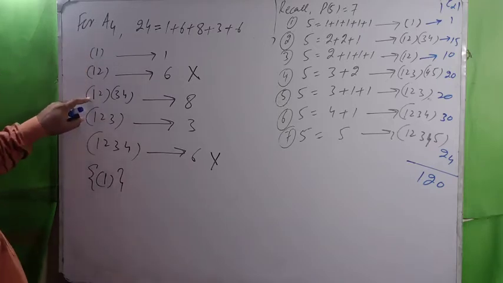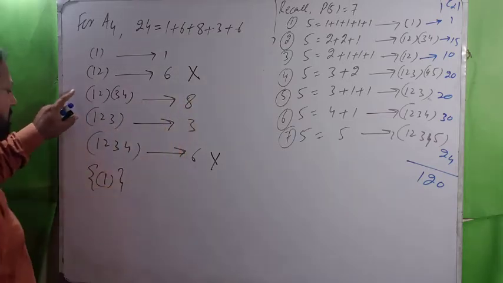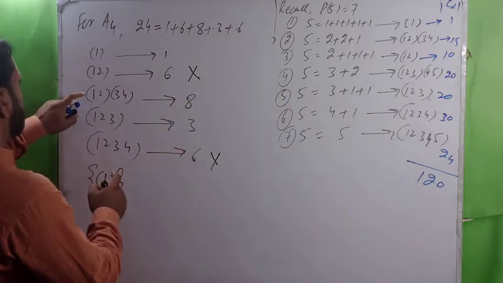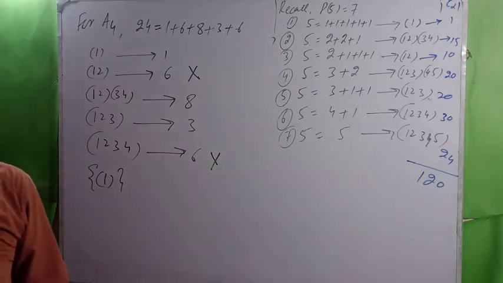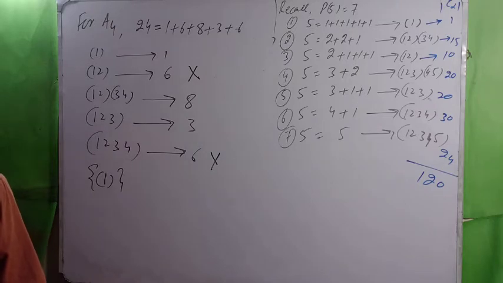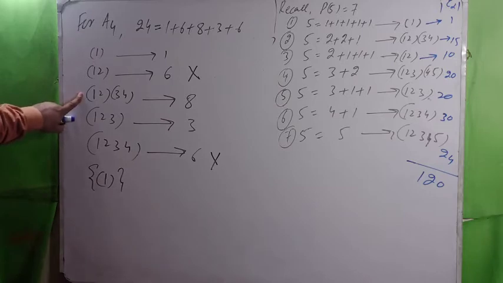Then (1 2)(3 4). There are 8 elements. Okay, so the conjugacy class corresponding to this element must contain, in S4, so I think we have a little wrong tableau.